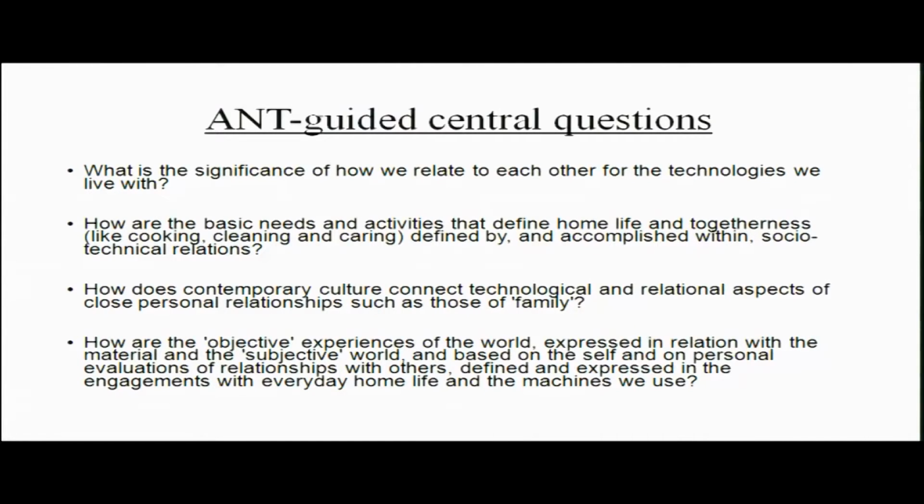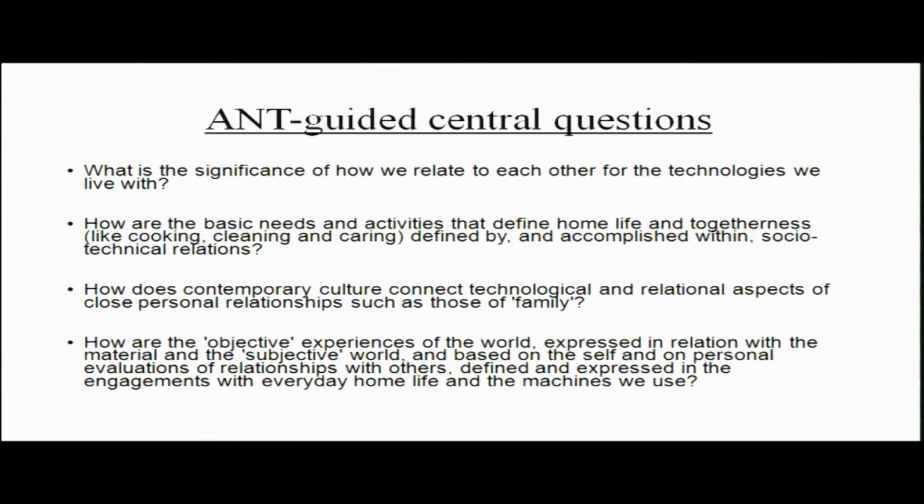First, what is the significance of how we relate to each other for the technology? So, when relationships are based on, say, communication technologies, or when home life or togetherness is based on technologies that help cooking, cleaning or caring, what is the significance of these relationships, of these networks?